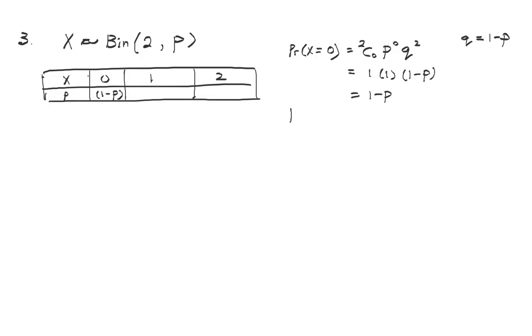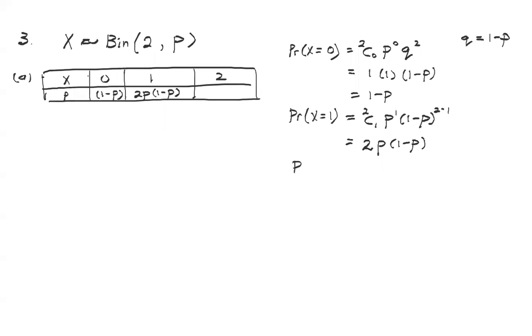When X is equal to 1, you follow this formula, 2C1 P to the power of 1, 1 minus P to the power of 2 minus 1, which is 1. 2C1 you get 2. Am I right? P, 1 minus P. So I put down here 2P, 1 minus P. That is what the book asks you to do, so I put it as a probability distribution table.